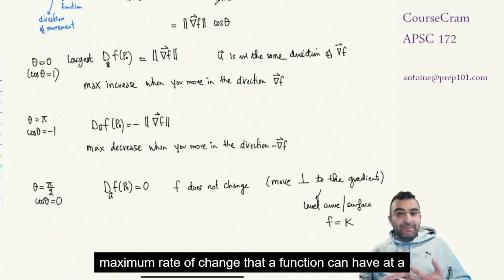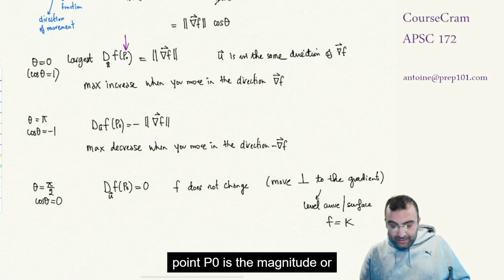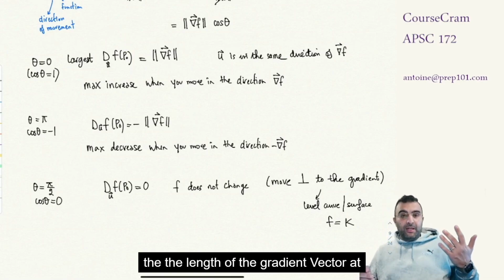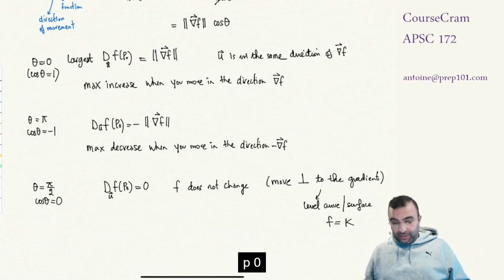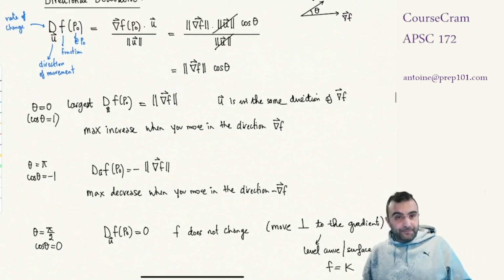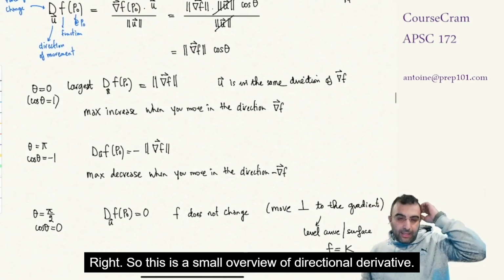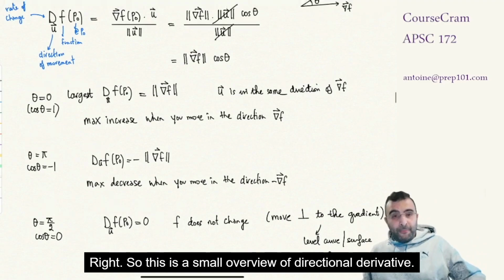So the maximum rate of change that a function can have at a point P0 is the magnitude, or the length, of the gradient vector at P0. Right, so this is a small overview of the directional derivative.